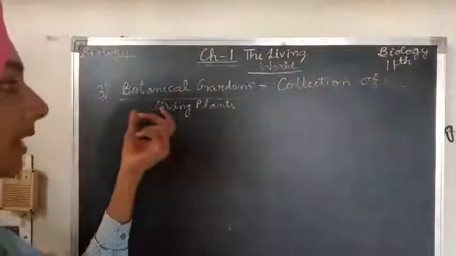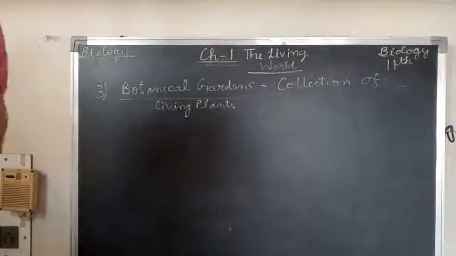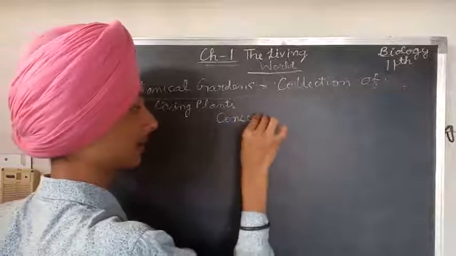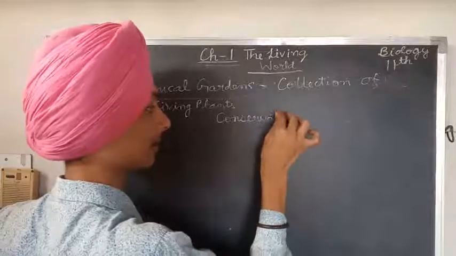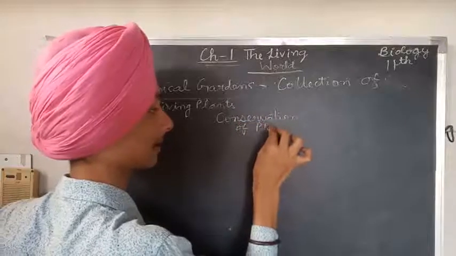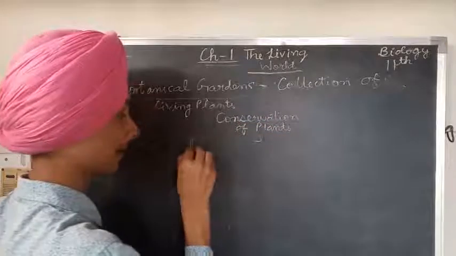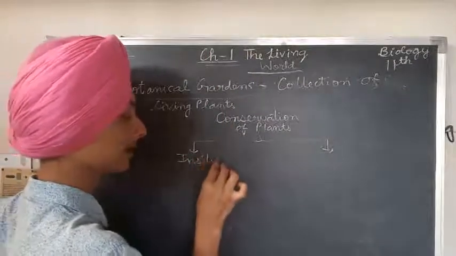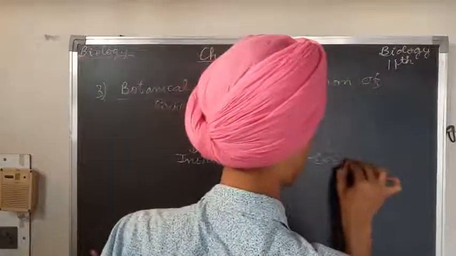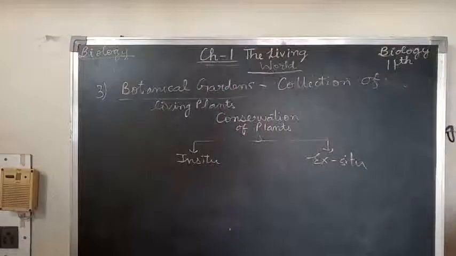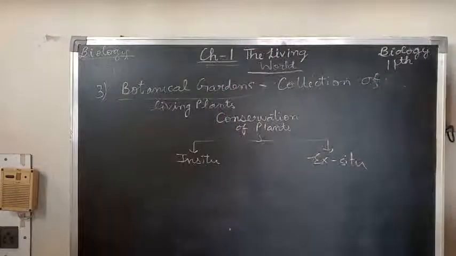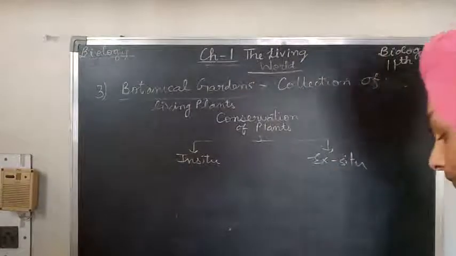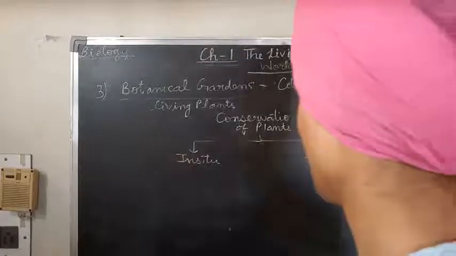The major function of a botanical garden is to provide conservation of plants. In situ conservation and ex situ conservation. In situ means inside the natural habitat and ex situ means outside the natural habitat. Clear?